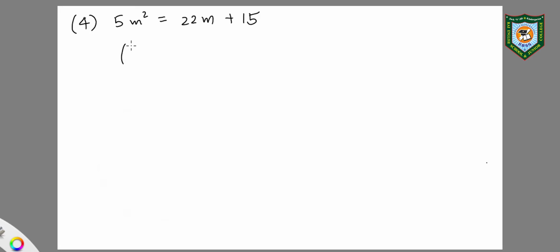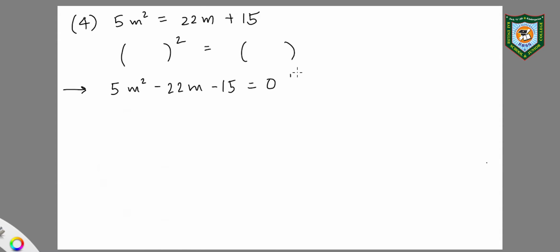Remember, we need to get a square term here and some value here. So before we start, we're going to bring this equation to our standard form. So we have 5m square minus 22m minus 15 is equal to 0.